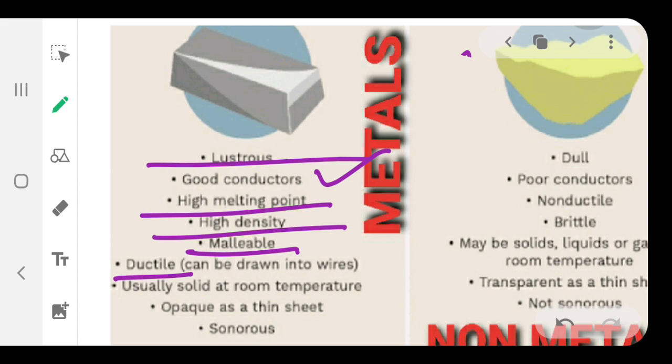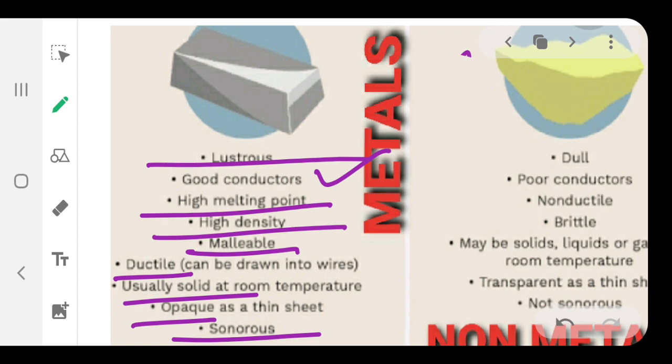For the time being, only read these terms. One is malleable, other is ductile. And as I have told you, normally they are solid at room temperature, and they are opaque. Opaque means they won't allow light to pass through them. And last is sonorous. Sonorous means when you hit the metal, they give you a ringing sound.